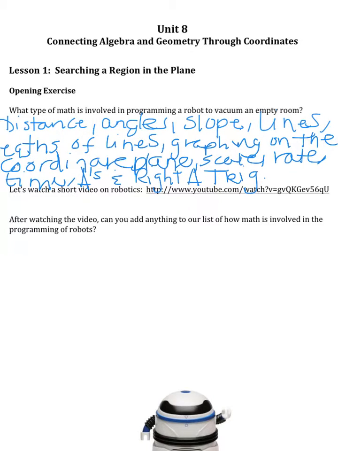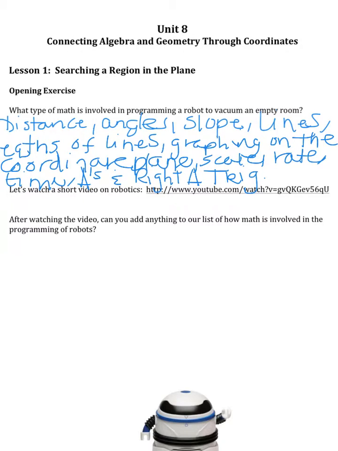So if you pretend that the floor is a coordinate system, the movement of the robot is in terms of line segments and points. This leads to graphing inequalities and discovering regions in the plane, which can be defined by a system of algebraic inequalities.